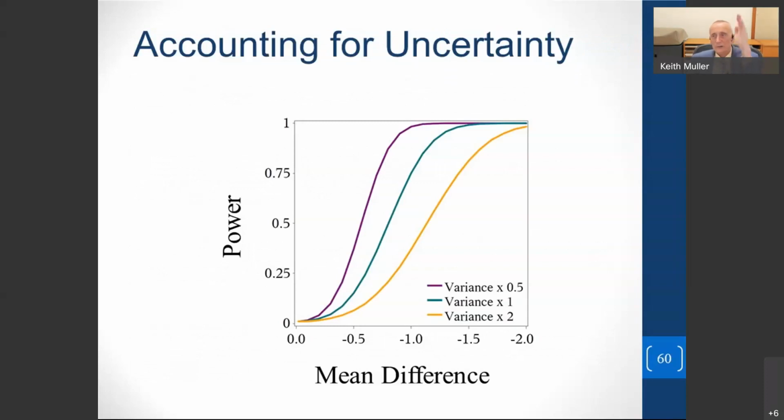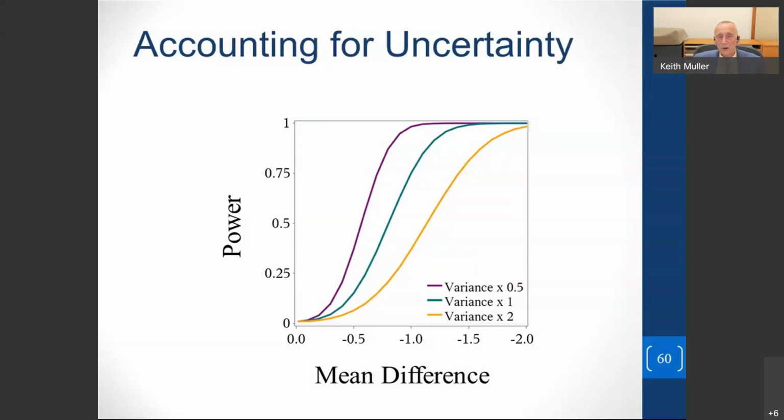The vertical axis is power, the probability of detecting a difference that's real. The horizontal axis is difference between the means. And so, again, I'm not using a mouse because we don't have a pointer in this software. If we're interested in what is the impact of 3 different variances, then we've drawn 3 different power curves here.